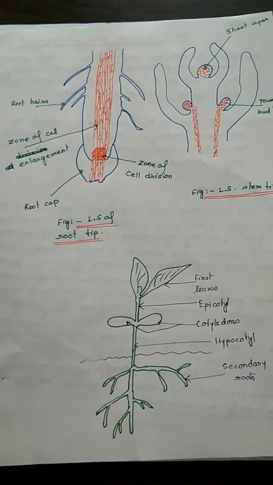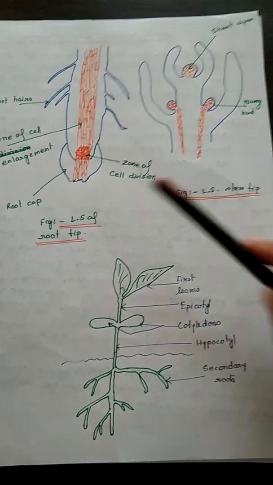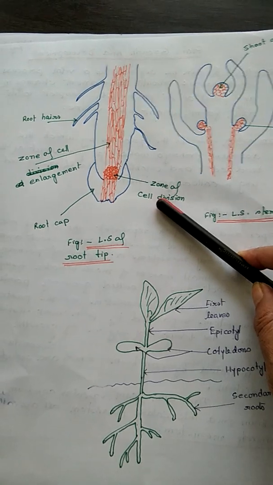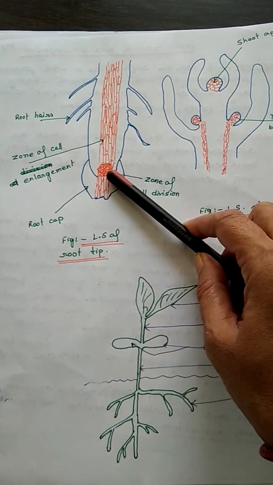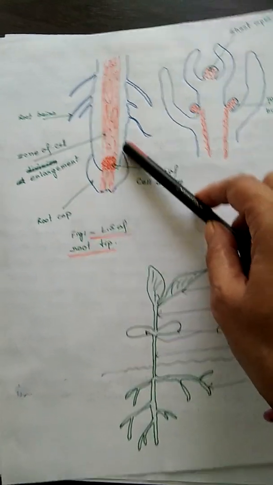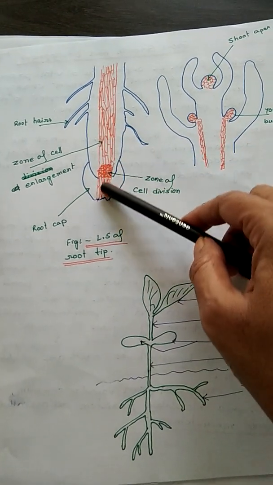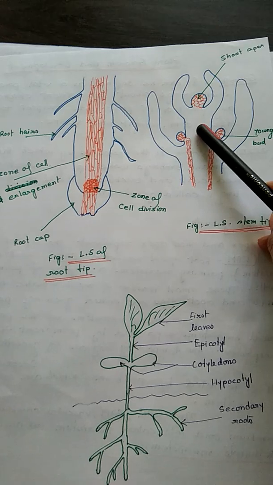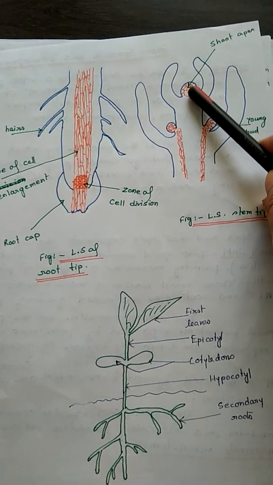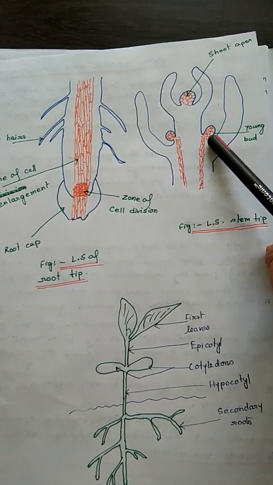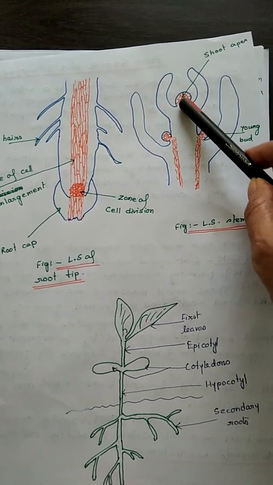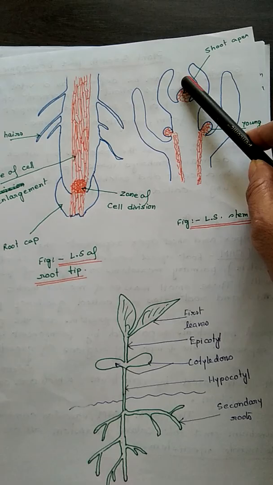So these are the root and the stem apex. The root tip is the zone of cell division, meristematic in nature, due to which the root pushes into the soil. This one is the shoot apex, the tip, and due to this meristem new buds develop and it increases in length.